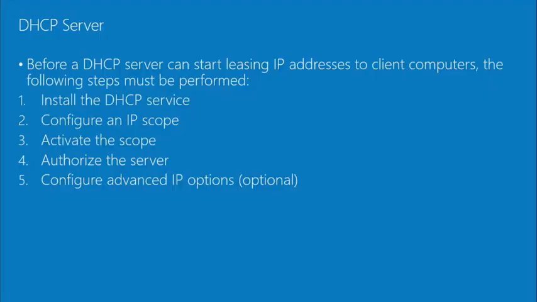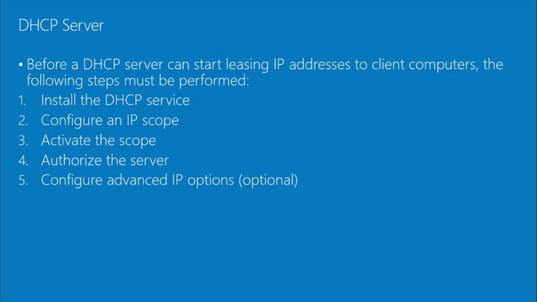Great. So the DHCP server. Before a DHCP server can start leasing IP addresses to client computers, that's what it's called, when a client computer receives an IP address from a server, it leases an address. The following steps must be performed. First of all, you need to install the DHCP role service.